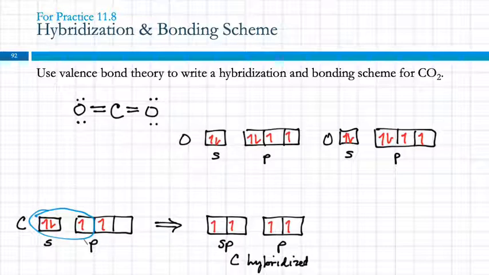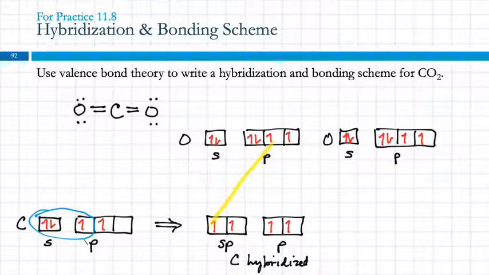The bonding scheme is how can we overlap these half-filled orbitals? And the Lewis structure gives us hints about what to do. I need a bond, well, 2 bonds actually, between carbon and 1 oxygen, and 2 bonds between carbon and the other oxygen. I have to have a sigma bond with each first. So I can make a sigma bond with my hybrid orbital, and it's going to overlap with 1 p orbital from an oxygen.